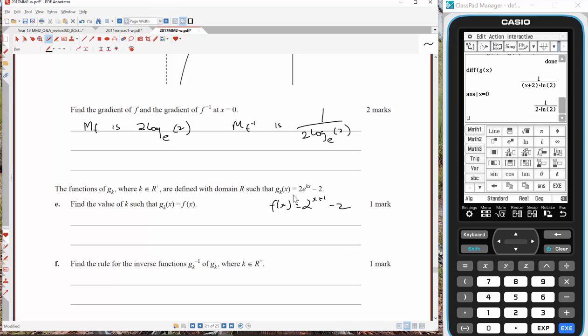I can't really do this by recognition. So yeah, let's just go ahead and define g of x equals 2 times e to the kx take 2, and solve g of x equals f of x for k. k equals log e 2.